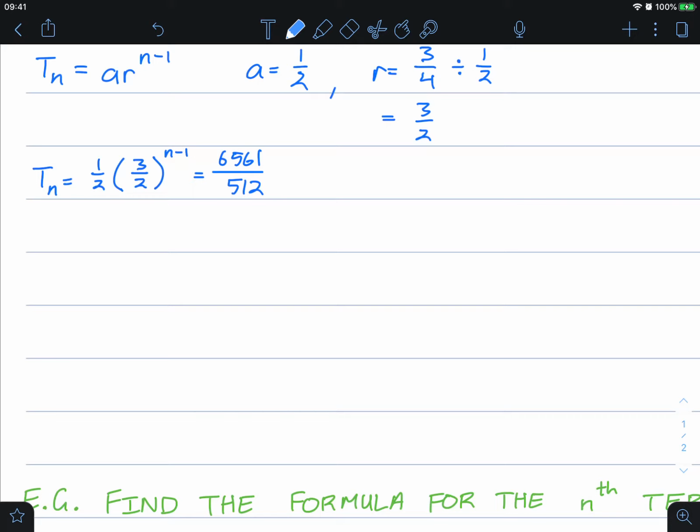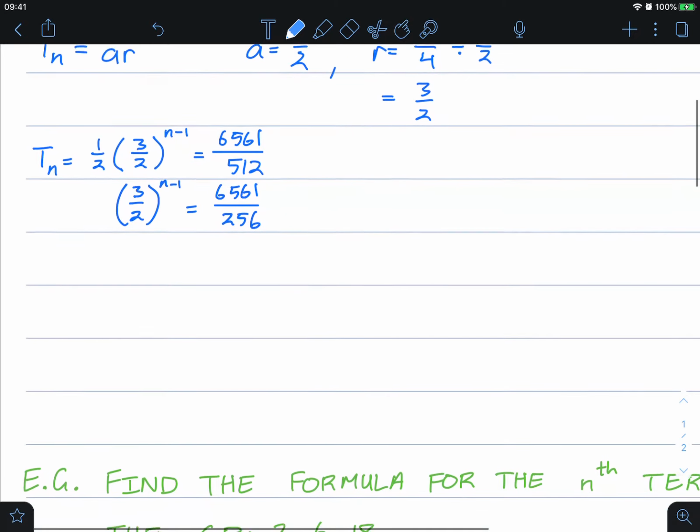I'm going to multiply by 2 to get rid of this half. We're left with this weird fraction. Straight into my calculator, 6561 over 512, and I'm multiplying all of this by 2. This gives us 6561 over 256.